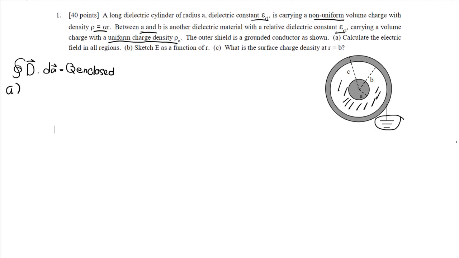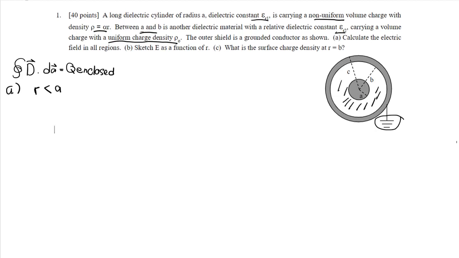For the first region, we would be looking at where r is less than a, and we would be looking for the electric field. So how do we find the electric field? The electric field can be obtained from D, which is the electric flux density.